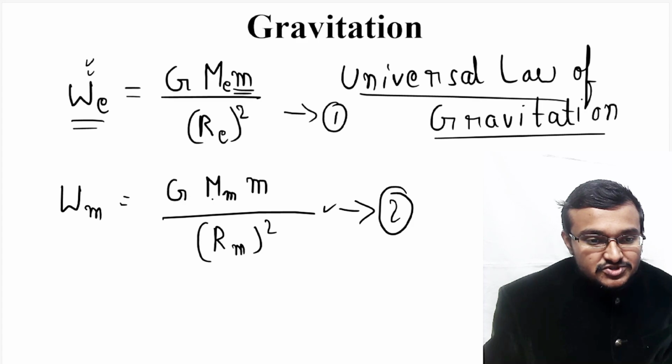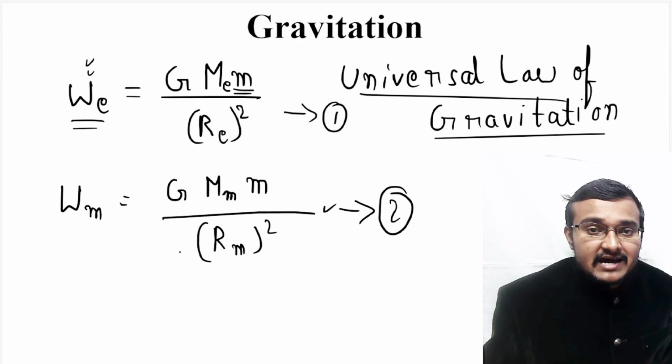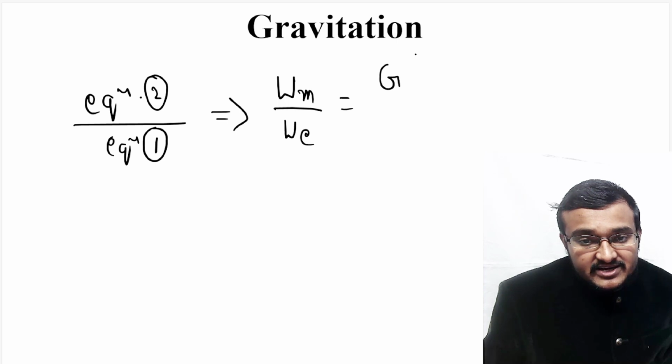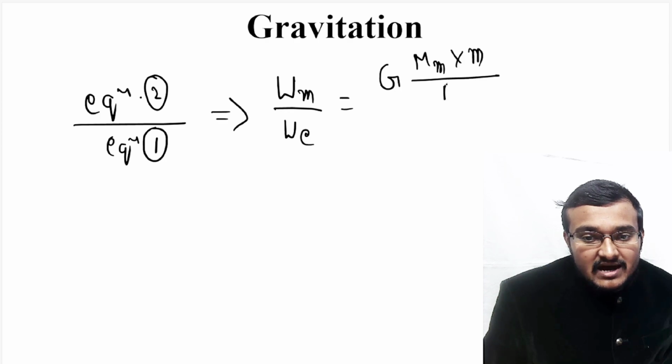So what is equation 2? G M_M into small m divided by R_M squared. This is in the numerator, divided by G M_E.